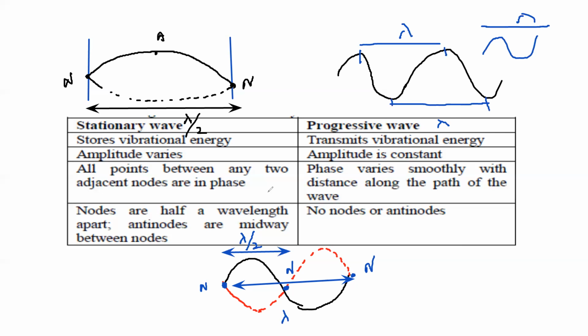But in a standing wave, the distance between two successive nodes is lambda by 2. And the distance between a node and an antinode, a quarter of the wave, will be lambda by 4. Is this concept clear?